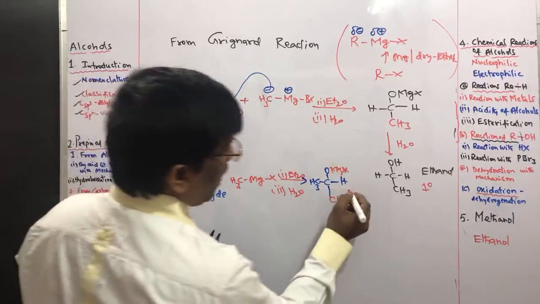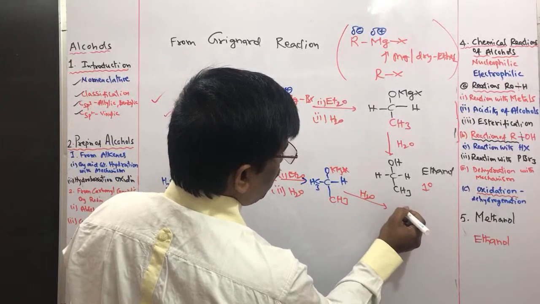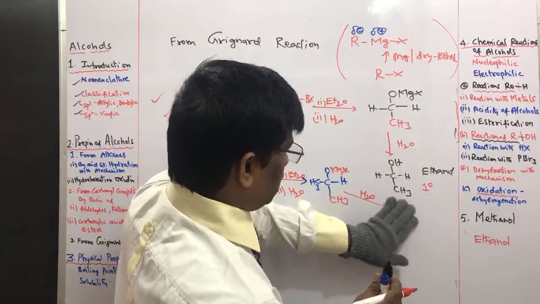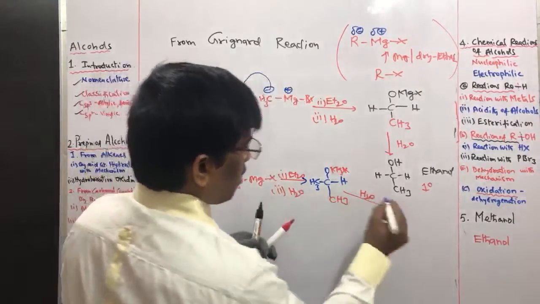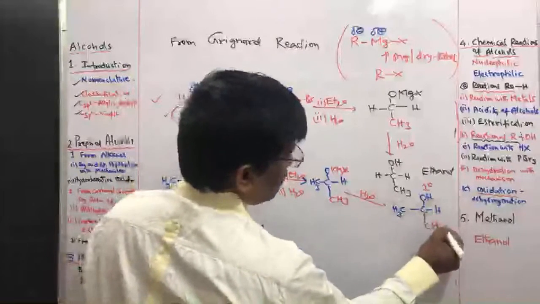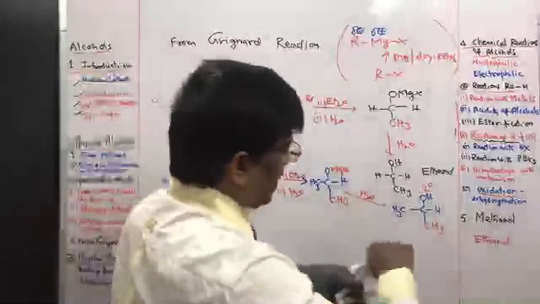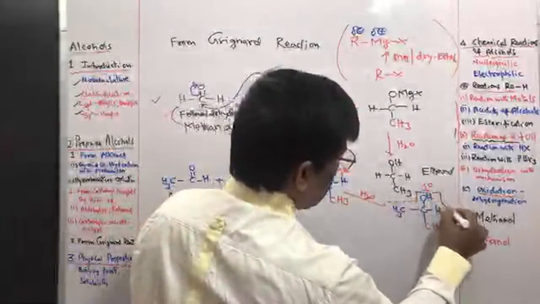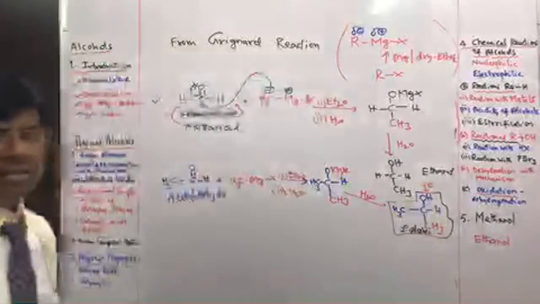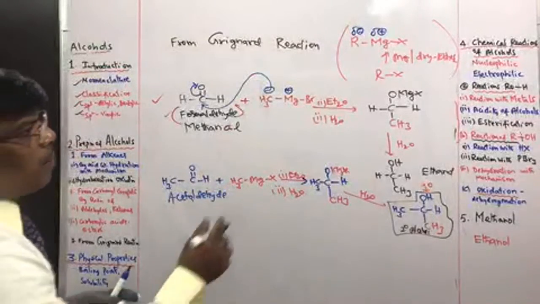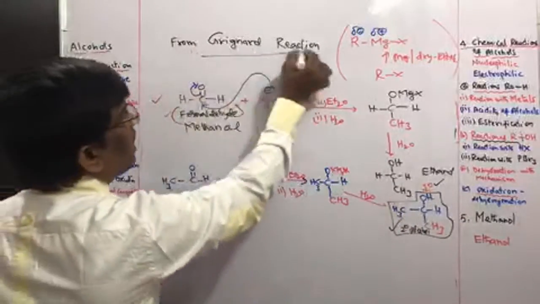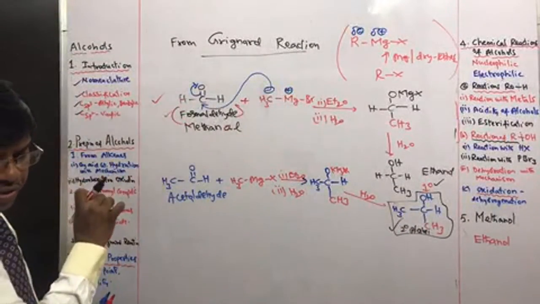When I do the hydrolysis I get CH3CH(OH)CH3. It is a secondary alcohol. So this is how primary and secondary alcohols can be prepared by Grignard reaction of carbonyl compounds.